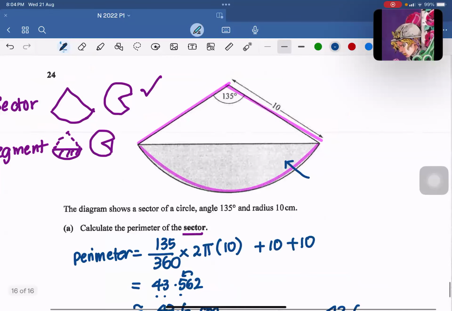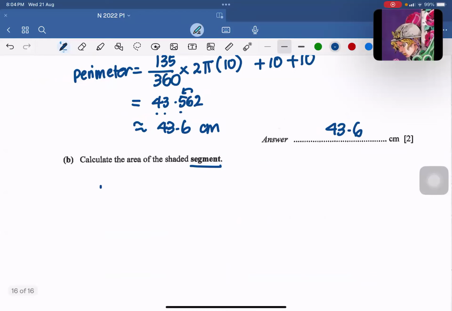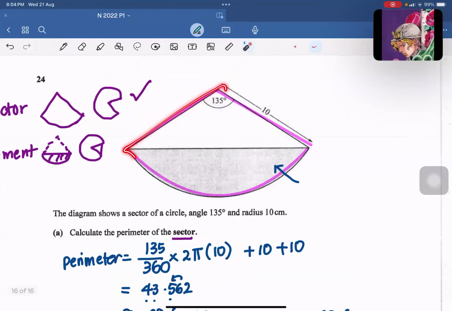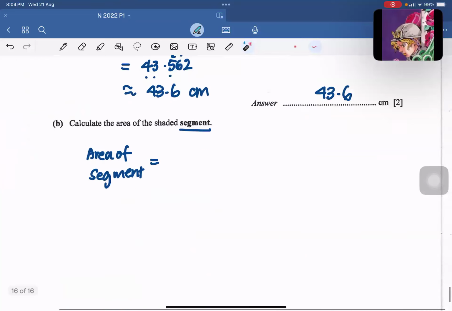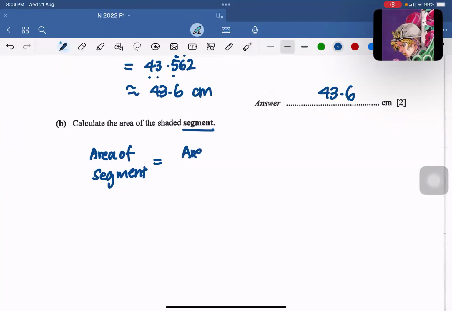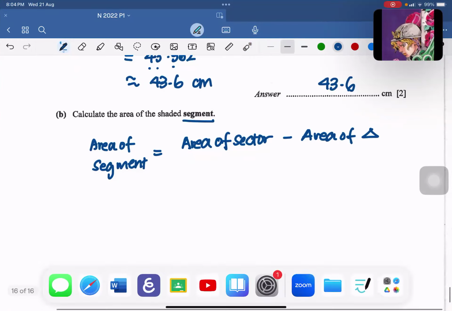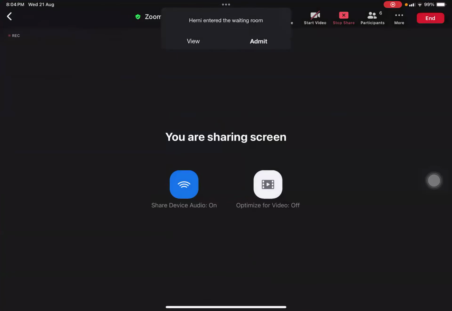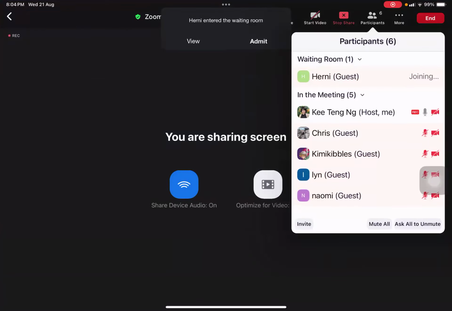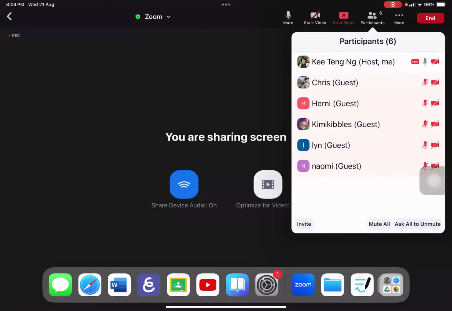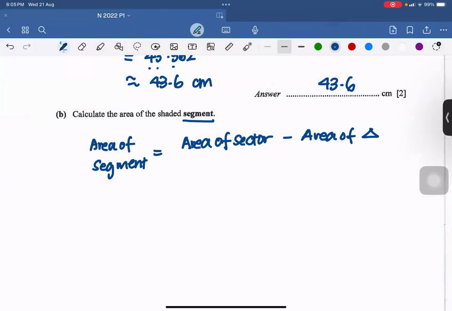This segment can be found by taking the area of segment. It can be found by taking the whole piece, which is a sector, minus away our triangle. So this is the area of sector minus away the area of the triangle.